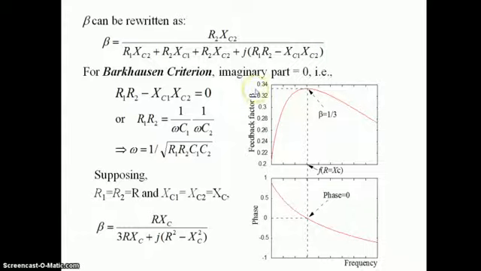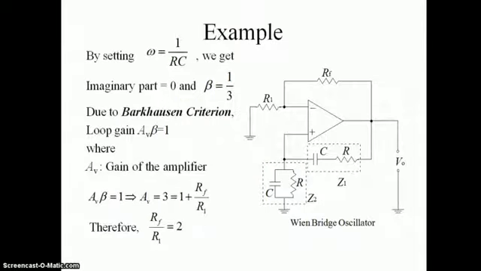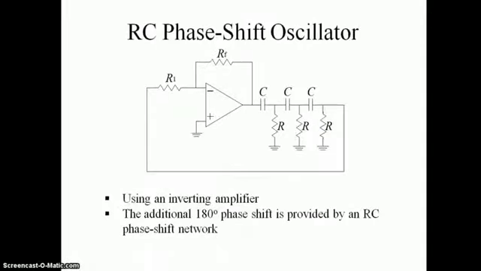For the frequency we put the imaginary part equal to 0, and for the sustained oscillation condition we put the real part equal to 0. This is the Wien bridge oscillator final oscillation condition. Omega is equal to 1 upon 2 pi RC, so frequency F is equal to 1 upon 2 pi RC, and the imaginary part is equal to 0. So beta is equal to a 1:3 ratio in the case of the Wien bridge oscillator.